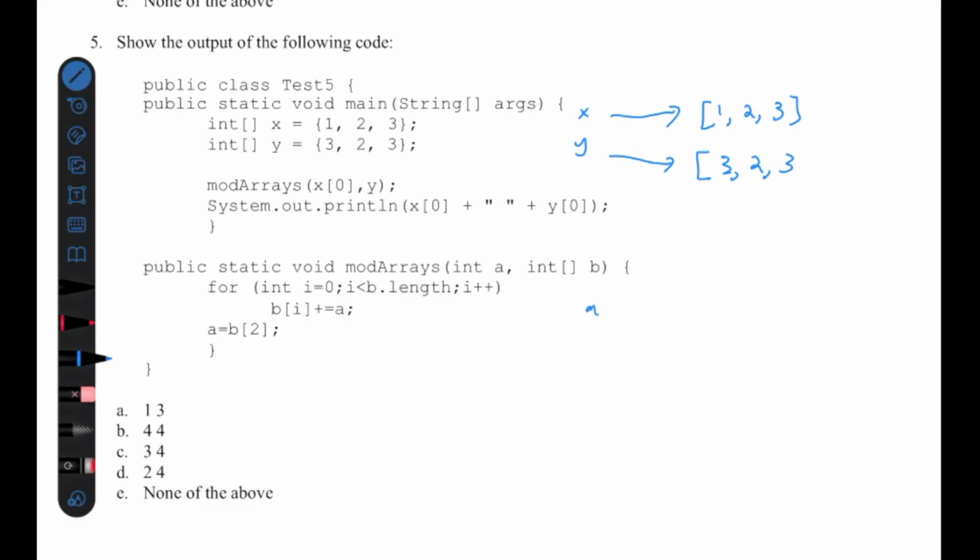So a is 1, and then b, notice b is an array, so b is an object. So we know we're going to get a reference, and that's the important part of this problem. We pass in y. What is y? y is a reference to the array 3, 2, 3. So b then becomes a reference to 3, 2, 3.